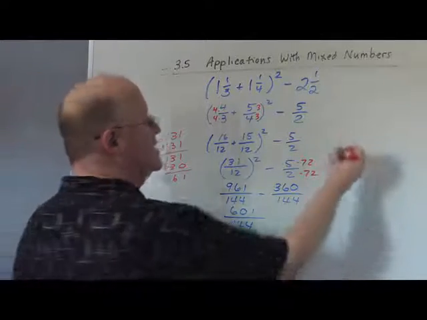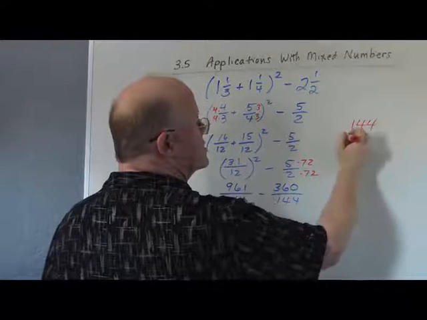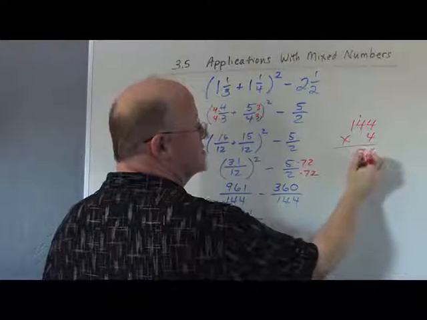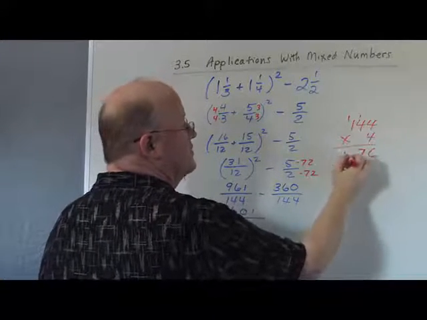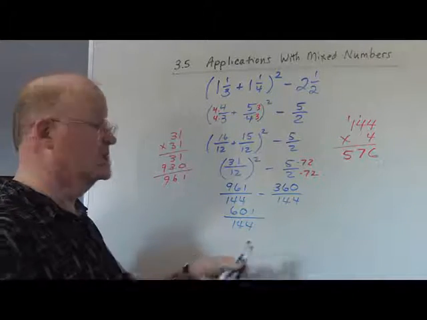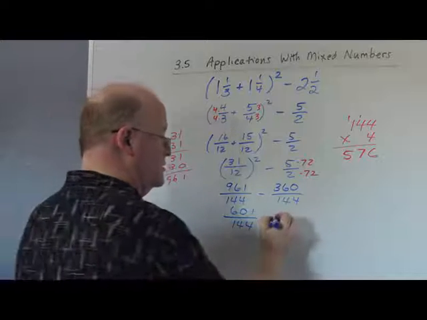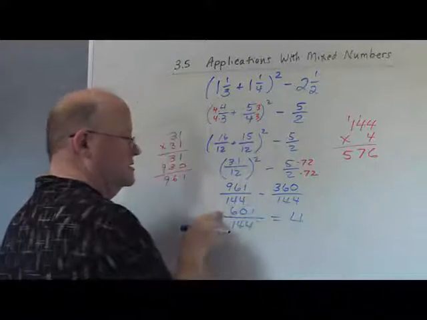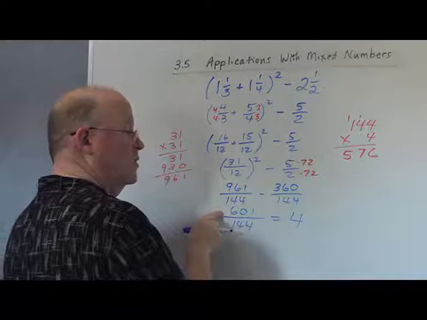So off to the side here, 144 times 4, 16, carry the 1. 16 plus 1 is 17, carry the 1. 576 is what I get. So yes, that does go in 4 times. And now how far is 576 from 601? Well, 25 apart.